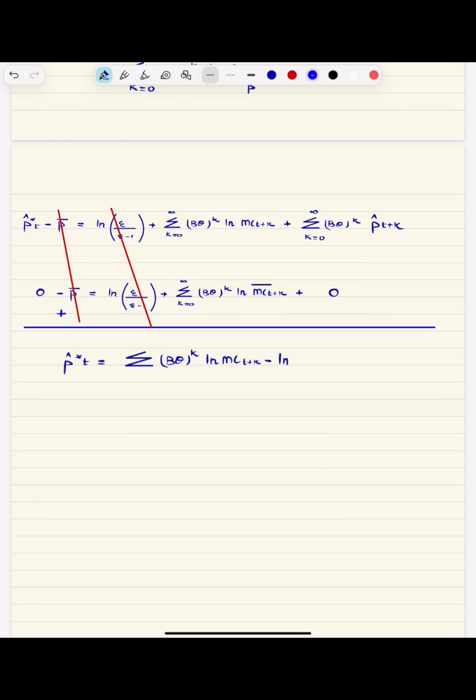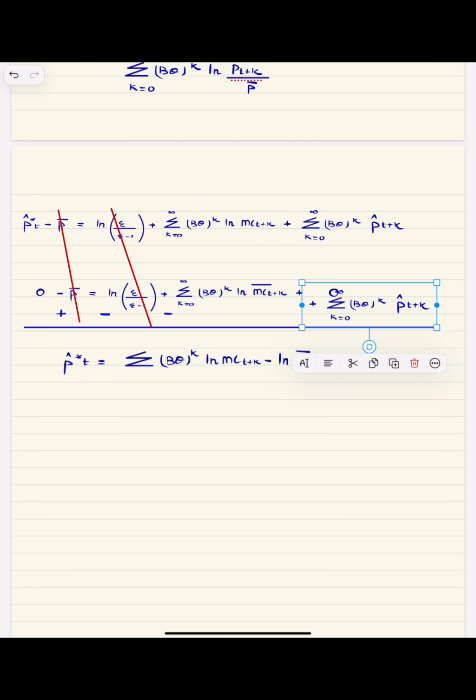This becomes a plus, this becomes a minus, so it's going to be a minus ln mc bar t plus k, and this just stays where it is.